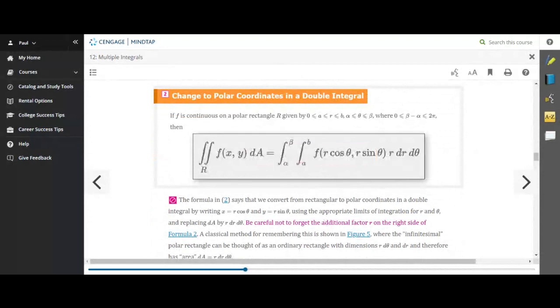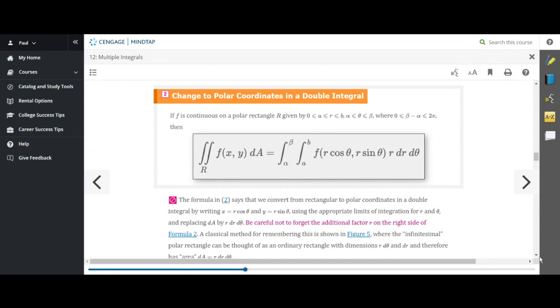here's the double integral in polar coordinates. The radius will go from A to B, and theta will go from theta equals alpha to theta equals beta. But why are we getting r dr d theta? Why is that?